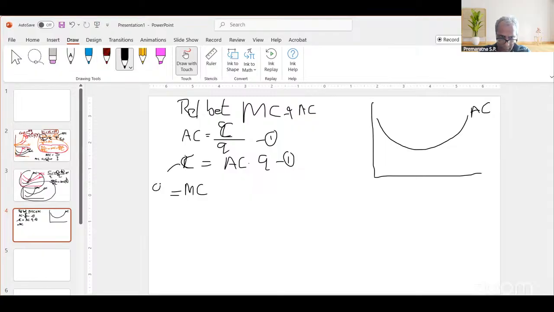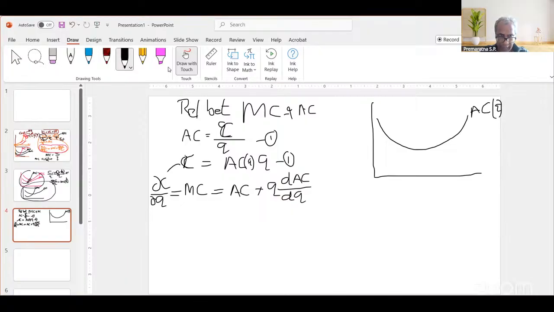You differentiate C with respect to Q. Now, don't forget that average cost is also a function of Q. So when you differentiate to get the marginal cost, the answer becomes MC equals AC, because when you differentiate here, apply the chain rule, plus Q times dAC, AC differentiated with respect to Q.